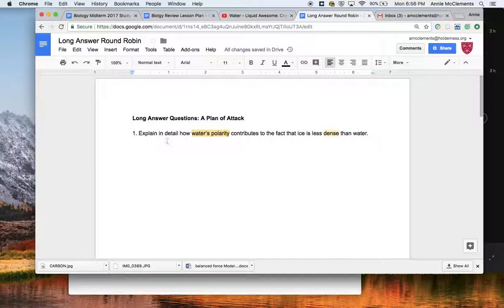So my next step might be to write down some buzzwords, right, that I'm going to want to include in my answer. Oftentimes on science exams, I don't do this, but if you get to the level where you're taking a science AP, the way that they grade their long answers is they just look for specific words.